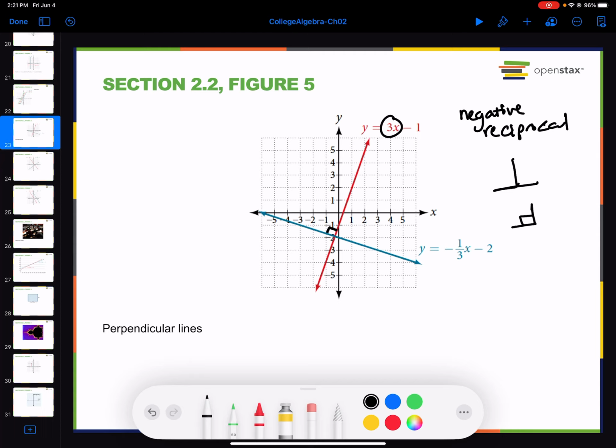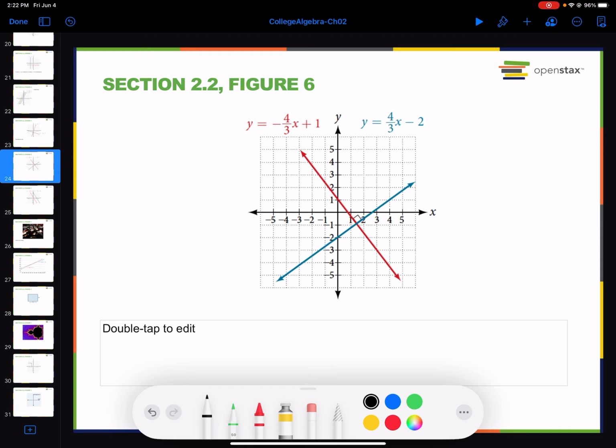So this one is 3x, so the perpendicular slope would be -1/3. Or if you started with this equation, it would be a negative inverse, so that would turn this to a +3. The rest doesn't necessarily have to be the same, but your slope would be the negative inverse, or the negative reciprocal.